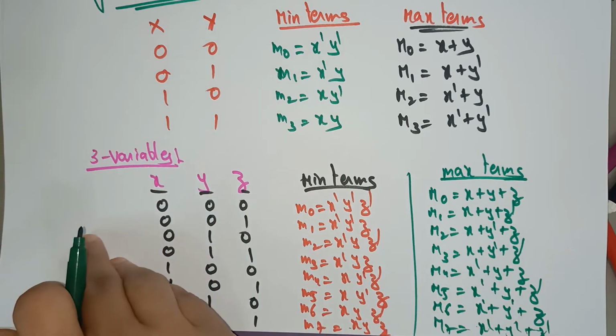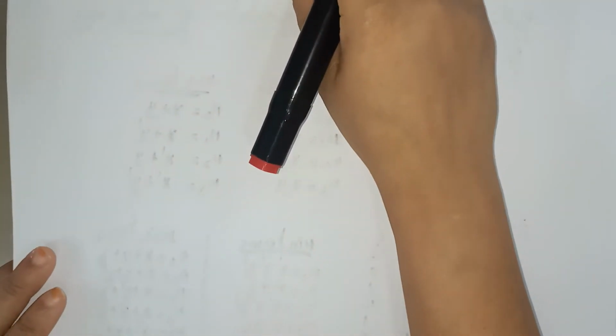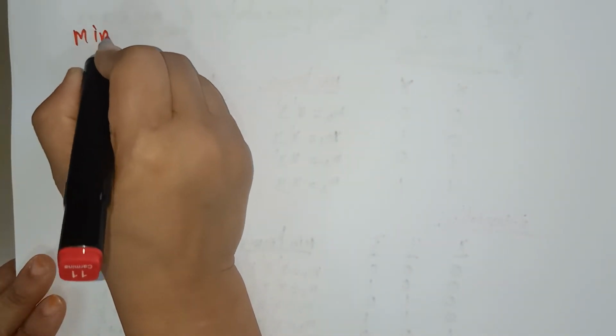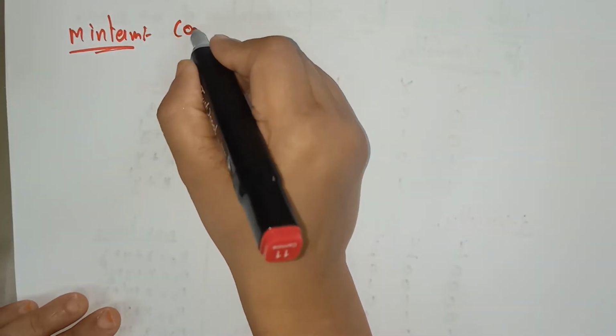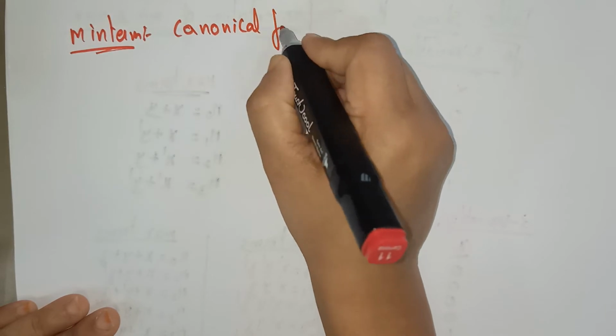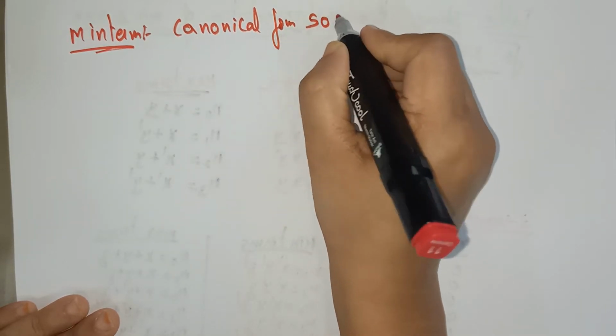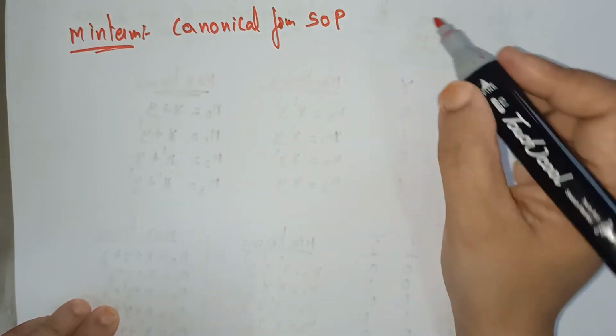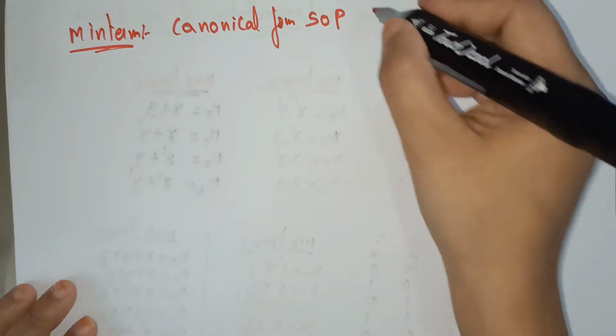So let me take an expression and see how to represent it in min and max terms. Let me take min terms first. Remember students, min terms are the canonical form of sum of products. Sum of products means the product terms contain all literals.